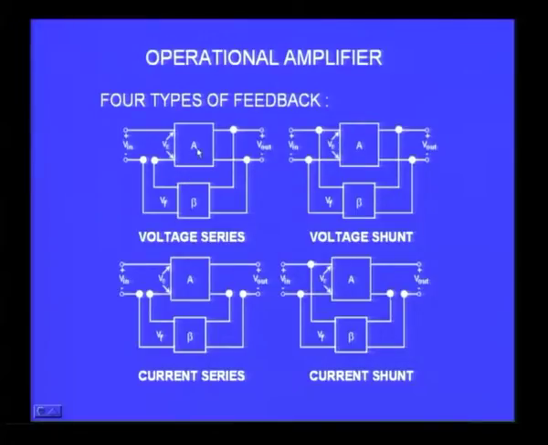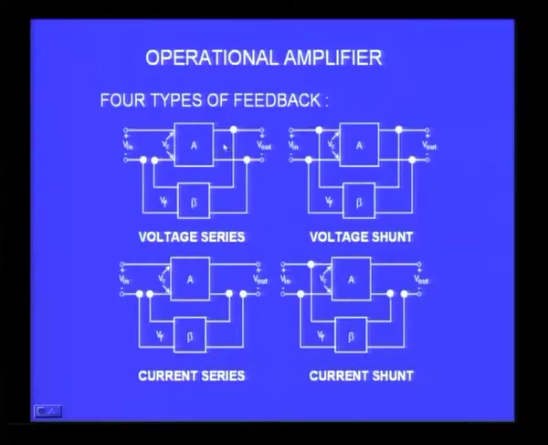For example, in the first one, you sense the voltage because you are connecting your beta, the feedback network, in parallel to the output points, and therefore you are actually sensing the voltage at the output point. So, you sense the voltage and you also give a voltage in series with the input terminals of the amplifier.